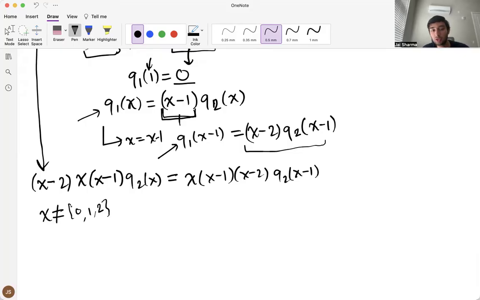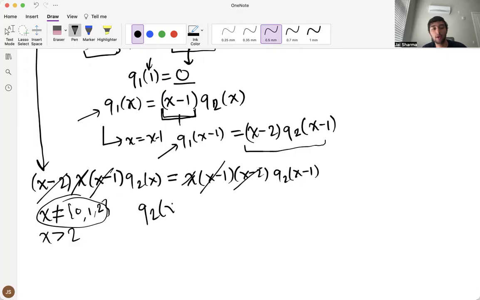We also have to make sure that x is not equal to 1 and not equal to 2. But suppose x is greater than 2, so it's not equal to any of these things. Then we can cancel x on both sides, we can cancel x minus 1 on both sides, and we can cancel x minus 2 on both sides, because it's not any of these things, so it's not 0 equals 0. That will give us q2 of x equals q2 of x minus 1.